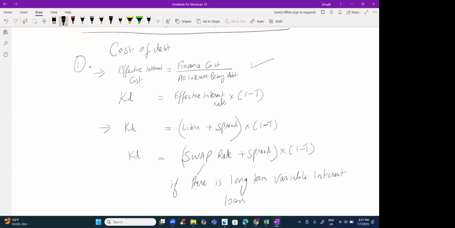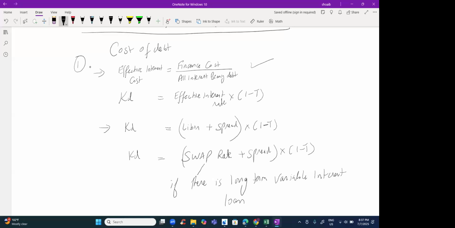But in some projects, in project finance, if I know that I will finance my project with a variable interest rate loan, say I will take a 10-year loan, then what is the interest cost of the loan?